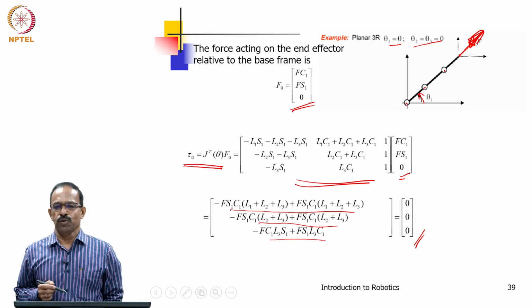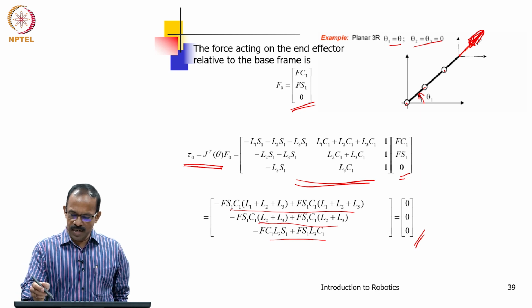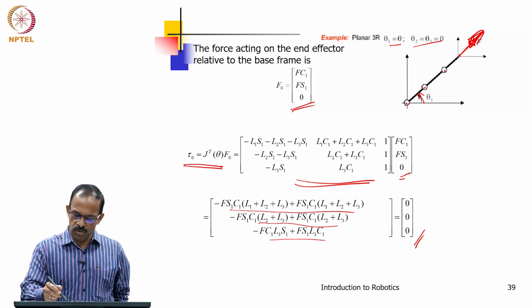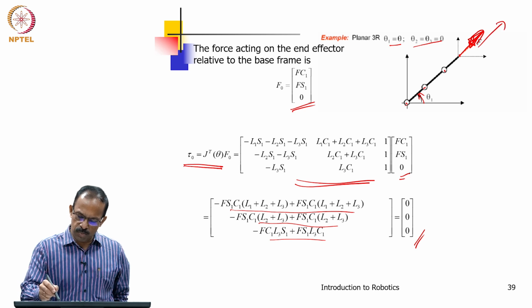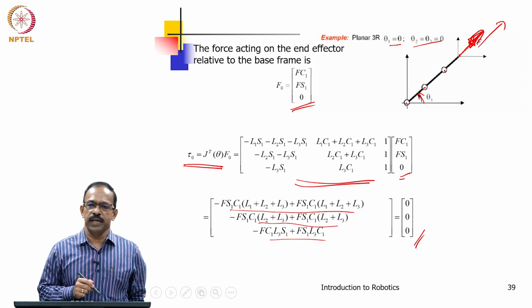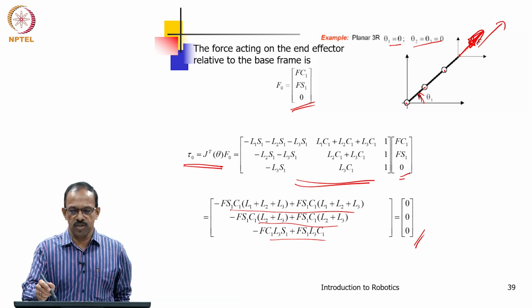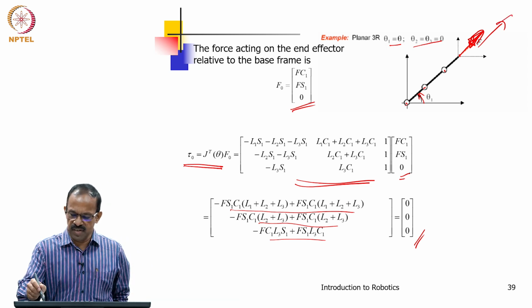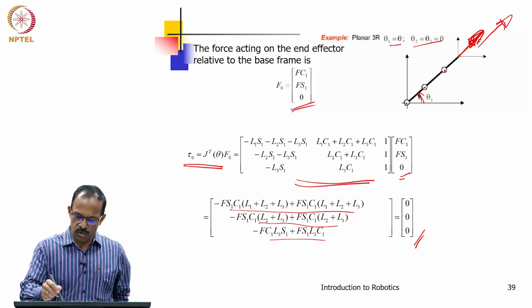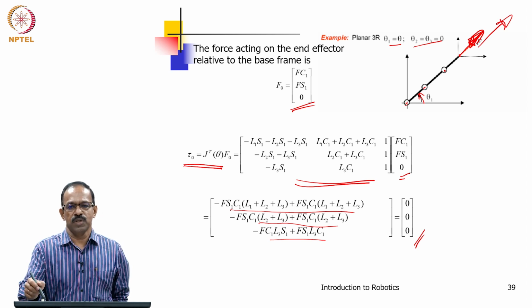It is very obvious from here because the links are aligned, and any force in this direction is not going to produce any torque in the joints. The force is always in this direction and therefore, no torque will be acting to overcome this force.